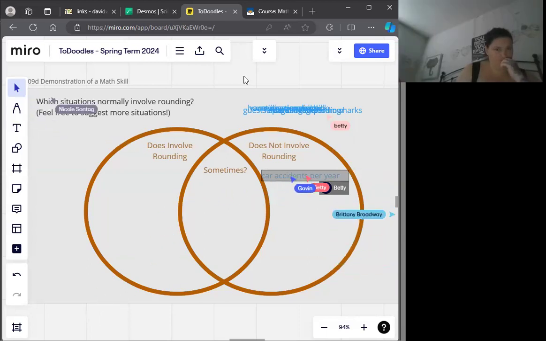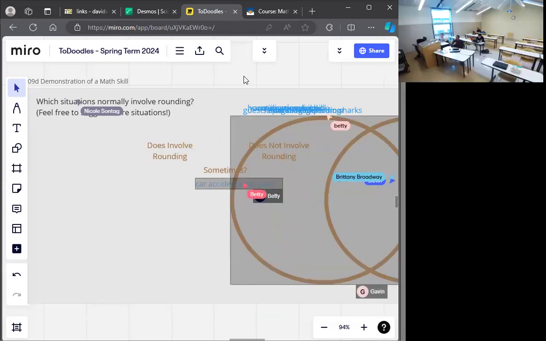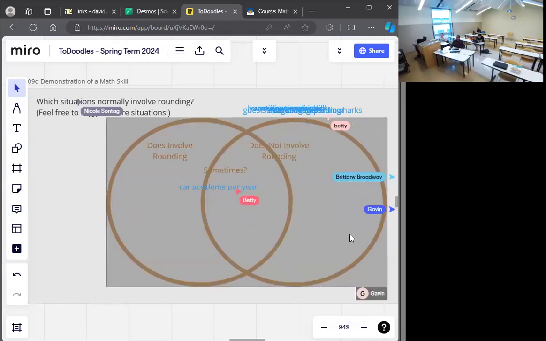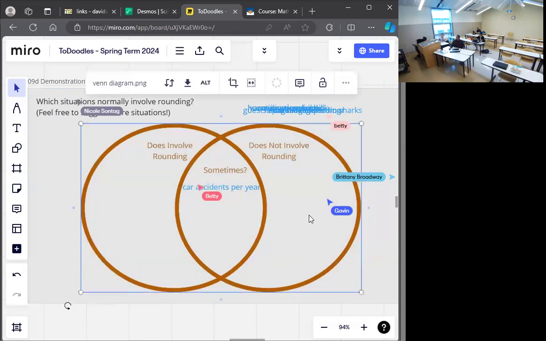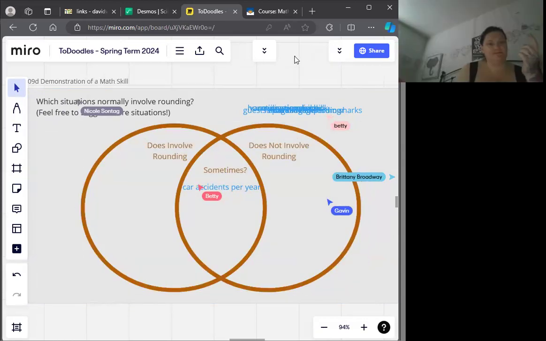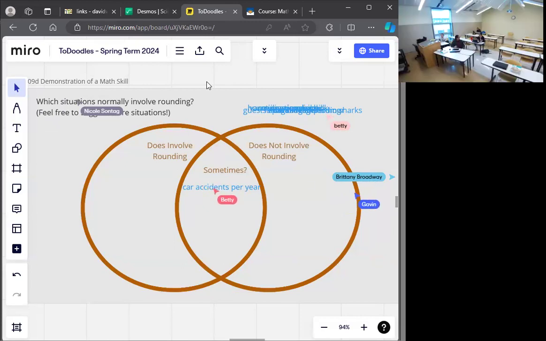Estimate. Yeah. So, statistically. Let's put this back, and I should lock it so it doesn't move. One moment. Isn't that a statistic? So car accidents per year, Betty put sometimes. Maybe if it's how many accidents happen on Willamette Street, we wouldn't round that, but in all of Eugene, we would.